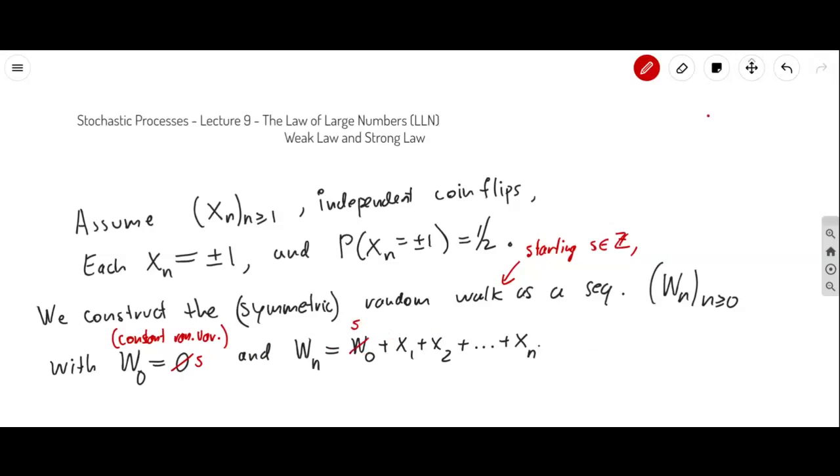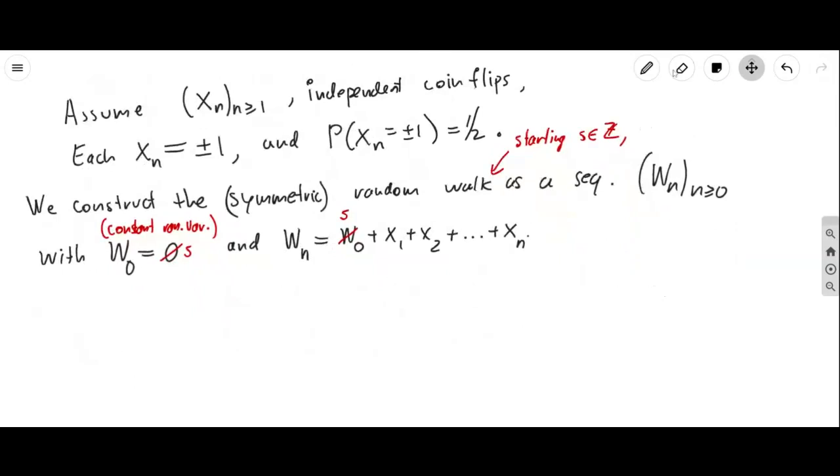And then the random walk at time n would be W0, so it's s, and then you add to it independent coin flips, n of them, and you randomly walk to the left or right, and you take n steps. We're going to assume that we're starting at 0 because it's very easy to modify this to any starting location.